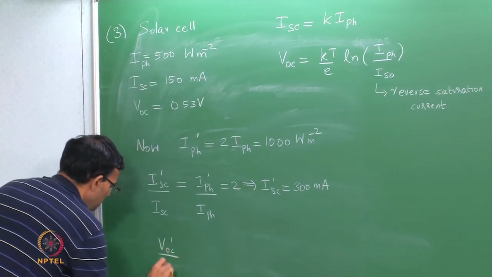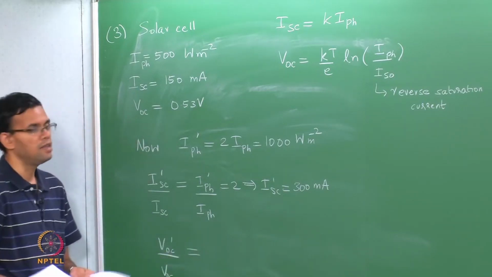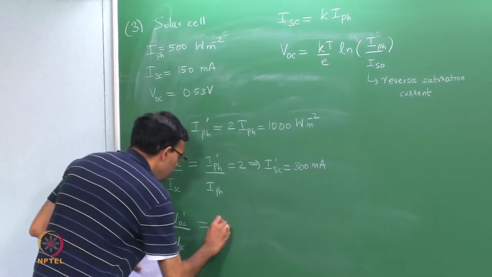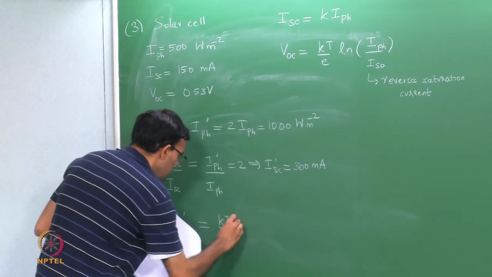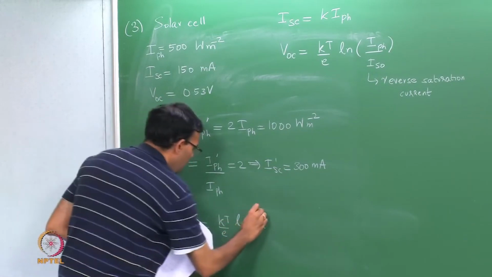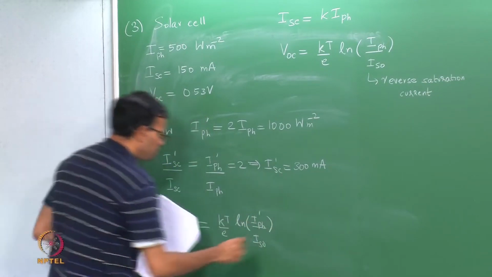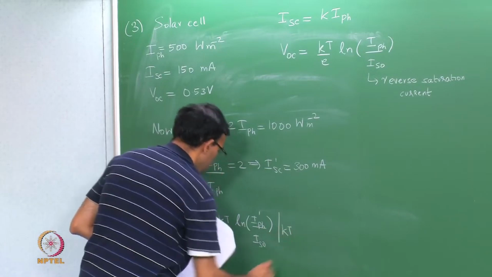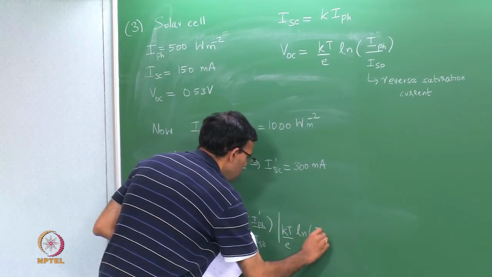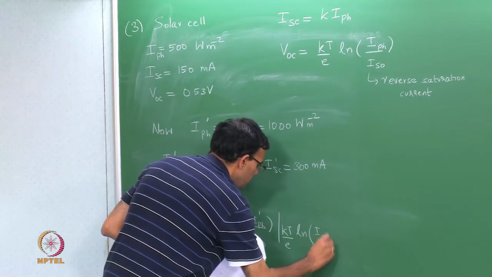Similarly, I can write the value of VOC. So, VOC prime by VOC, again you are taking the ratio of these two quantities, kT over E ln of IPH prime by IS naught, over kT over E ln of IPH by IS naught.